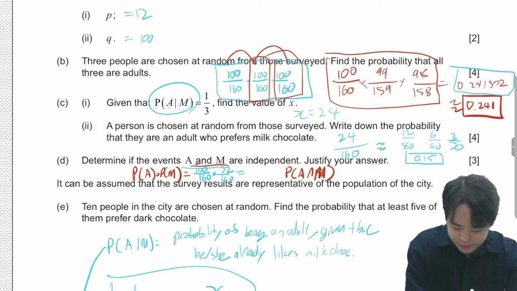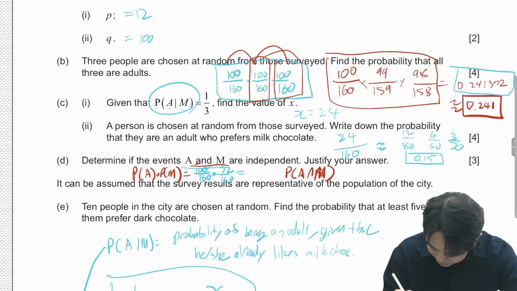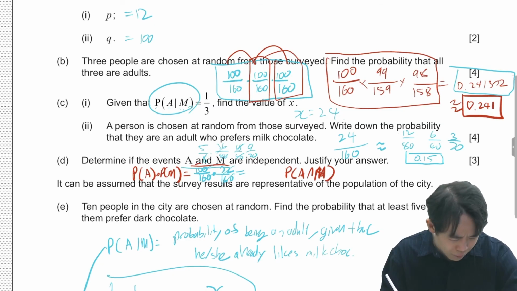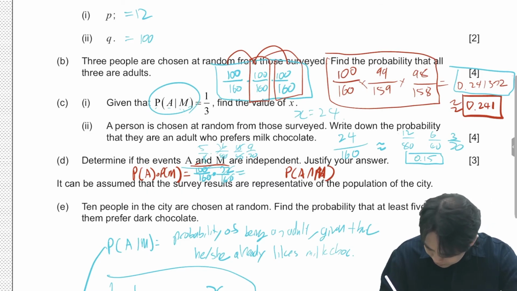That simplifies to 5 over 8 times 36 over 80, 18 over 40, 9 over 20, so it's actually 9 over 32.